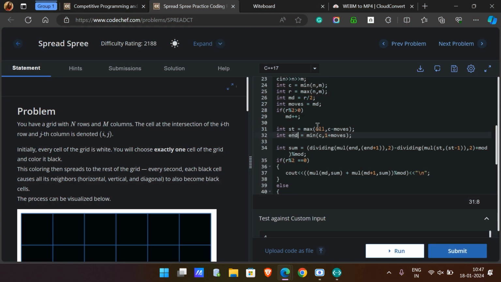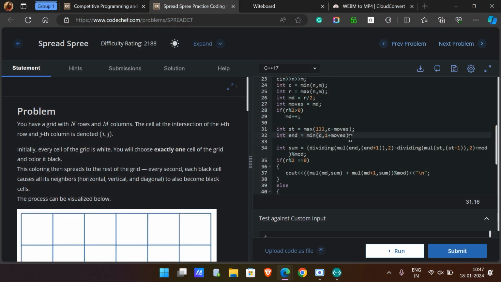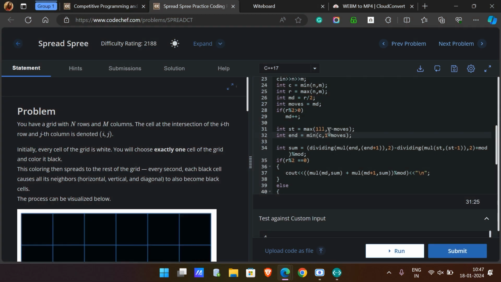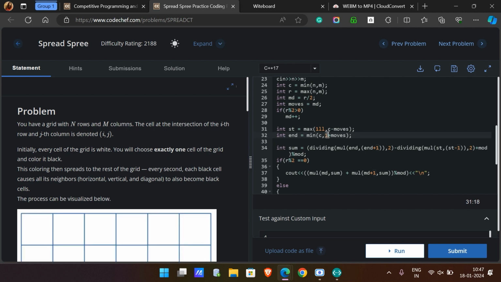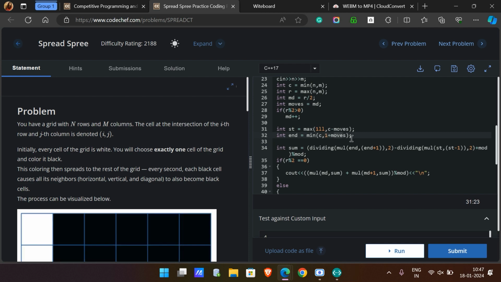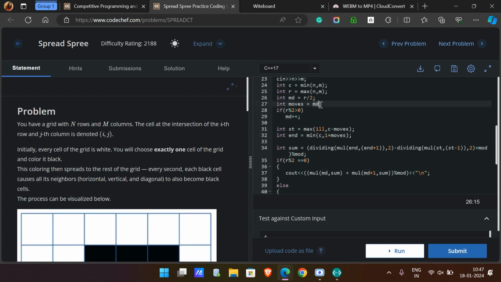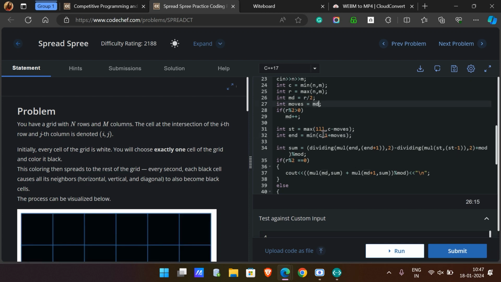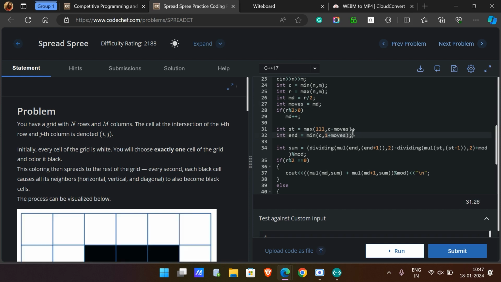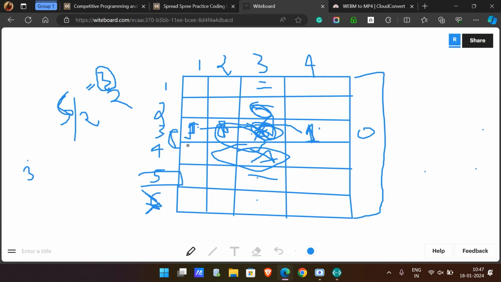It is the minimum of c comma 1 plus moves, because that is the starting column, plus moves. I know that the minimum number of moves is moves. Why am I doing 1 plus moves? What would be my ending column?